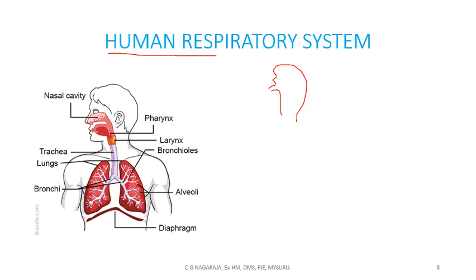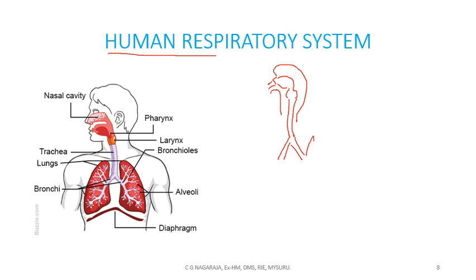Imagine this is the mouth, and then it enters into a cavity called the buccal cavity. From there we have the long structure called the pharynx, and pharynx leads into a tube called trachea. Trachea breaks into two branches called the bronchi.